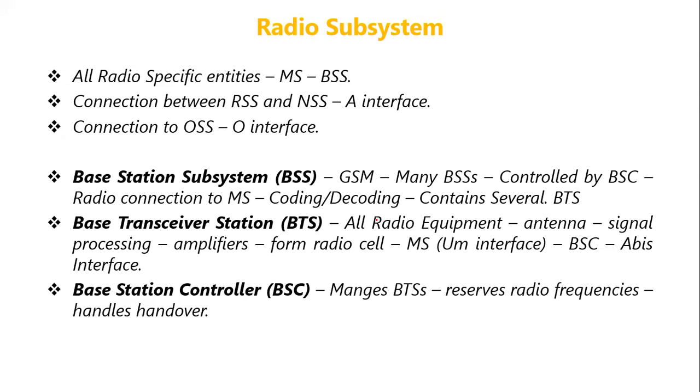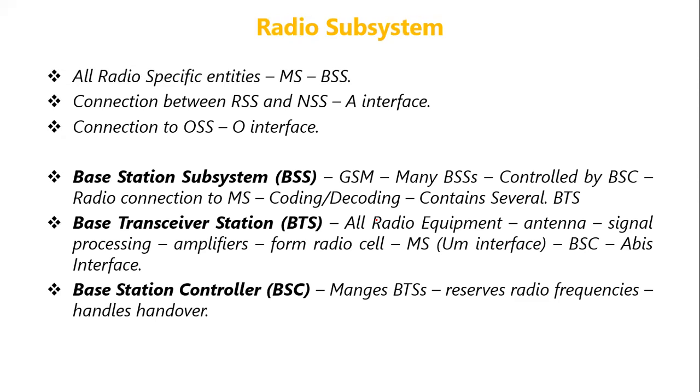It will form several such cells. The BTS will be connected to the mobile station through an interface called the UM interface, and it will be connected with the BSC through an interface called the ABIS interface. The UM interface contains all the mechanisms necessary for wireless transmission like TDMA and FDMA. Whereas the ABIS interface consists of 16 or 64 kilobits per second connections.